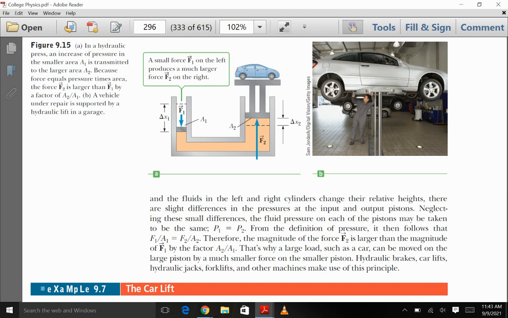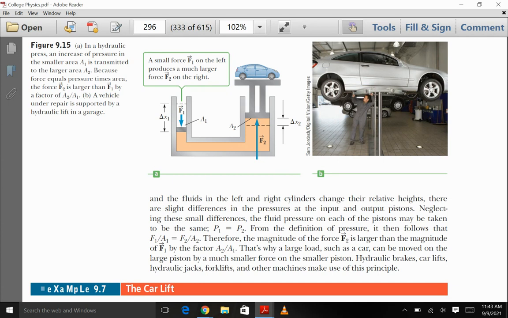But because force equals pressure times area, we are now taking the force to the larger area. So what you're going to get at F2, the second force, the one that's lifting the car, is larger than the force which was used in the beginning to start this hydraulic lift.